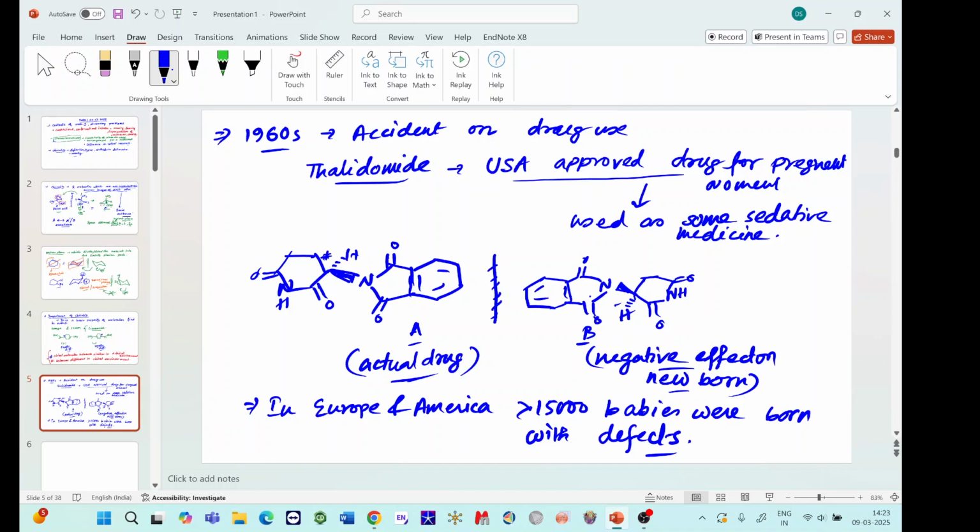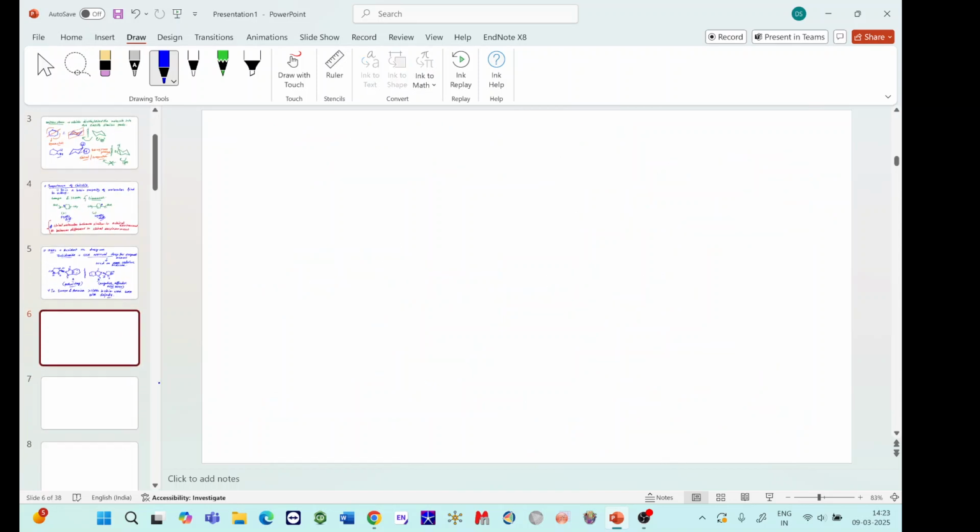So that's how it was very important to study the chirality of drug molecules, because our organs and sensors in the body are chiral.